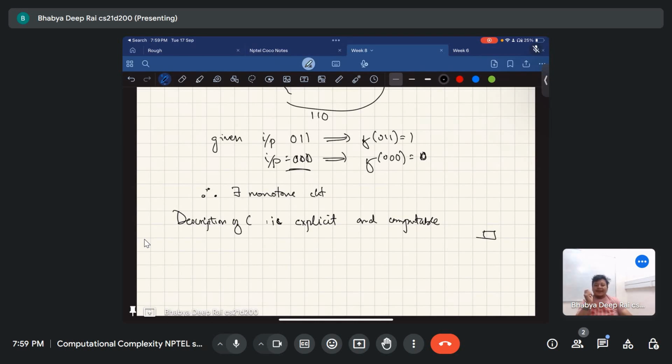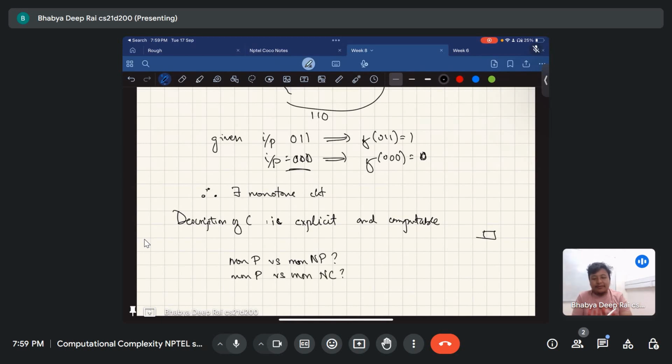Similarly, you could talk about monotone P or monotone P slash poly, which means circuits of polynomial size that are monotone. What about monotone P versus monotone NP, and monotone P versus monotone NC?